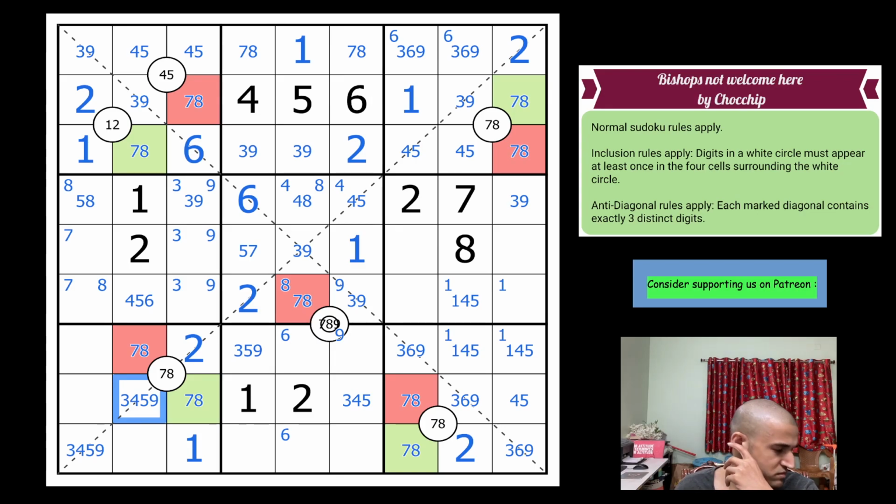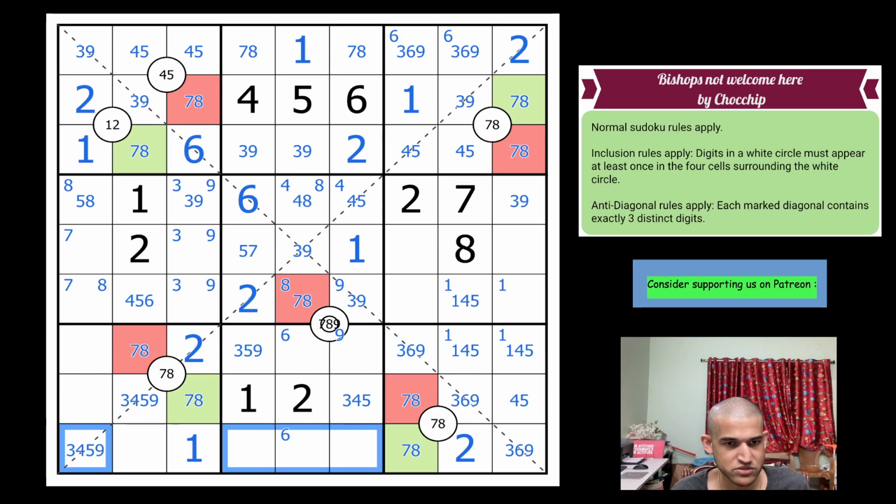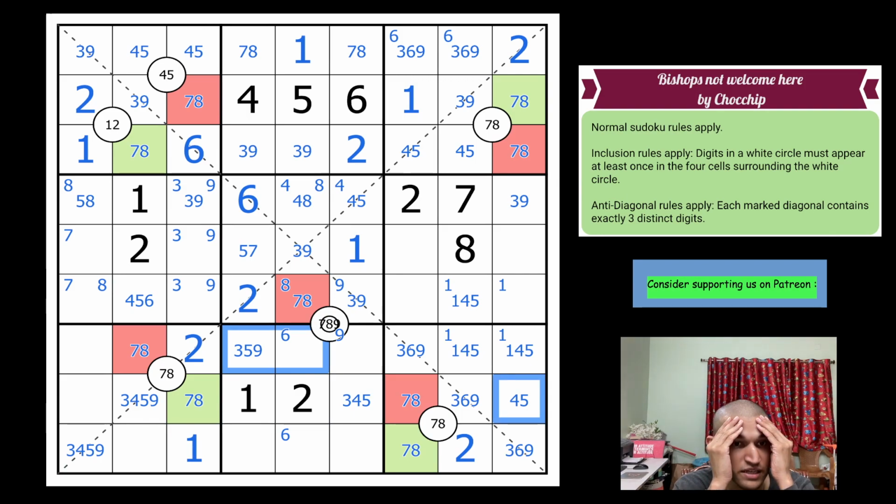Okay, where does this guy go in this diagonal? So if it is here, then by Sudoku I can't have it here and here, so it is forced in this cell, this domino, which forces it here, and that isn't really forcing anything.